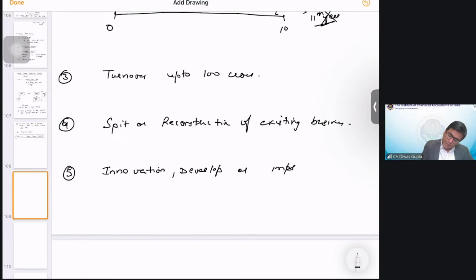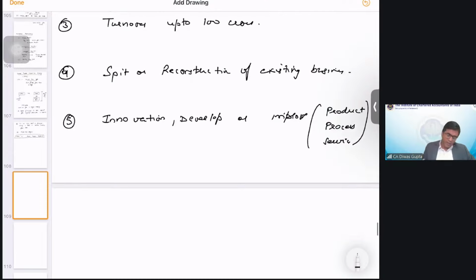Now, these are at the core of any startup, that either they are innovating something, developing something, or improving something. What? A sort of a product, or even a process, or even a service for that matter, right? Which is actually scalable, and it leads to wealth generation and employment opportunities.